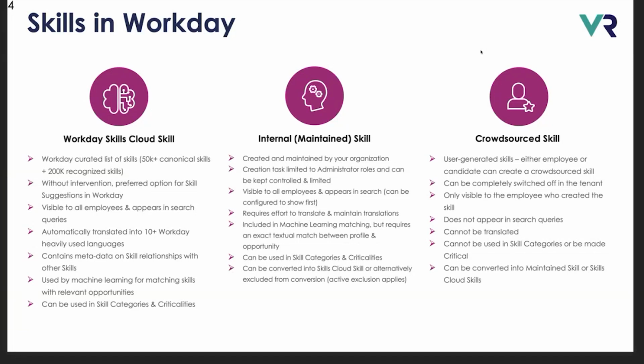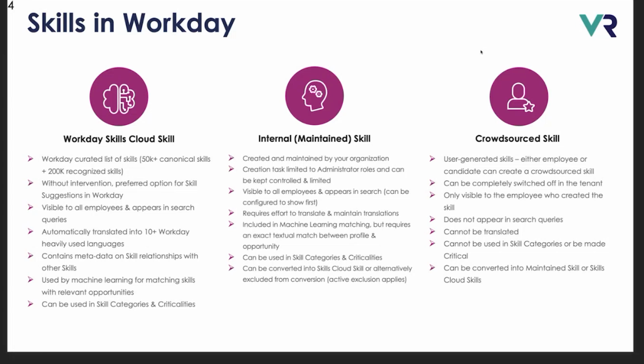One of the big choices that you have to make when you're setting up skills in the tenant is whether you want to make sure that whatever skill you've set up as an internal tenant and maintained skill is preserved for the future, or whether you are okay for Workday to override it with a synonym if they do indeed find a synonym.